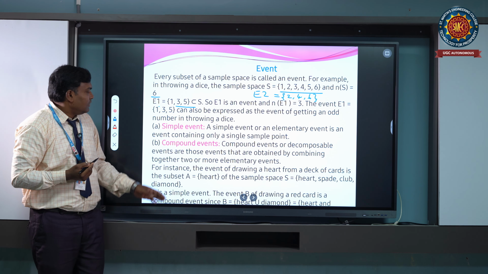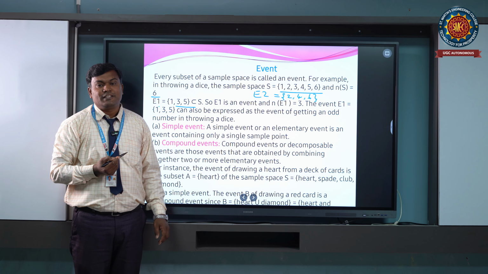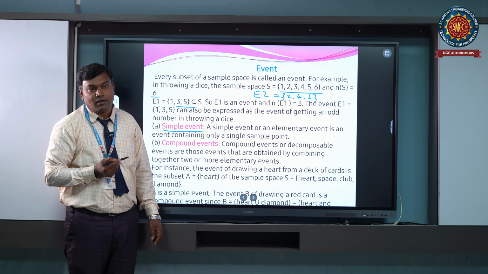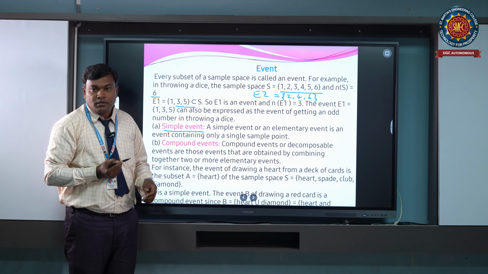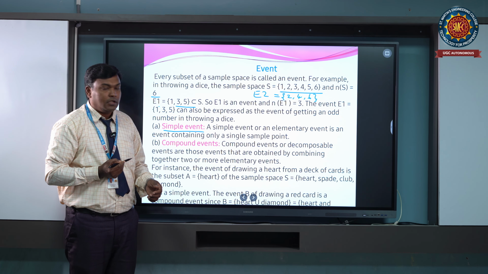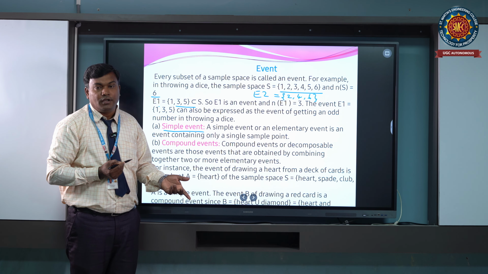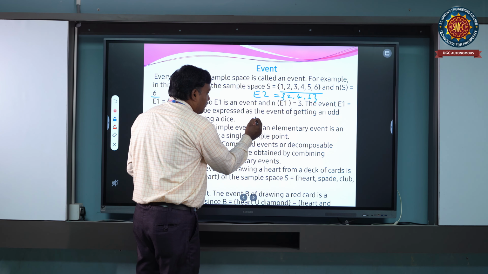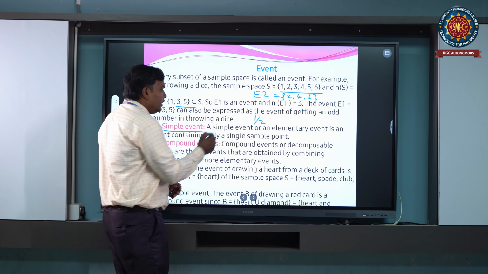So next we have so many types of events. Simple event. In the simple event, we will have one single sample point. For example, tossing a coin. Tossing a coin, we get probability of getting head and probability of getting tail.